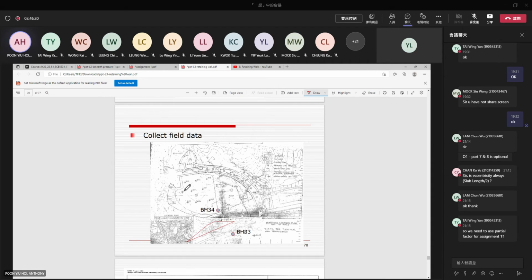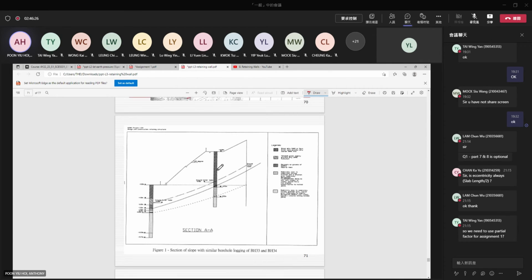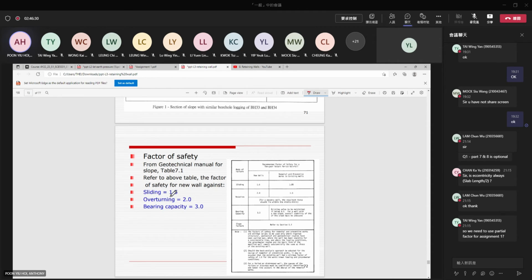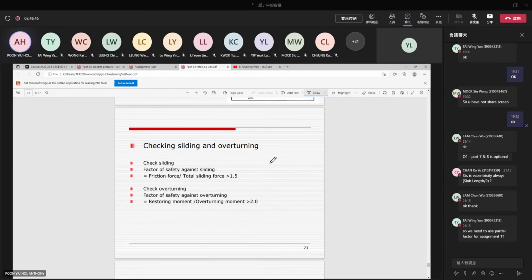This is doing a site investigation, drill holes, and then collect data, and then determine the factor of safety, whether you use the global factor of safety or the partial factor of safety, etc., etc.